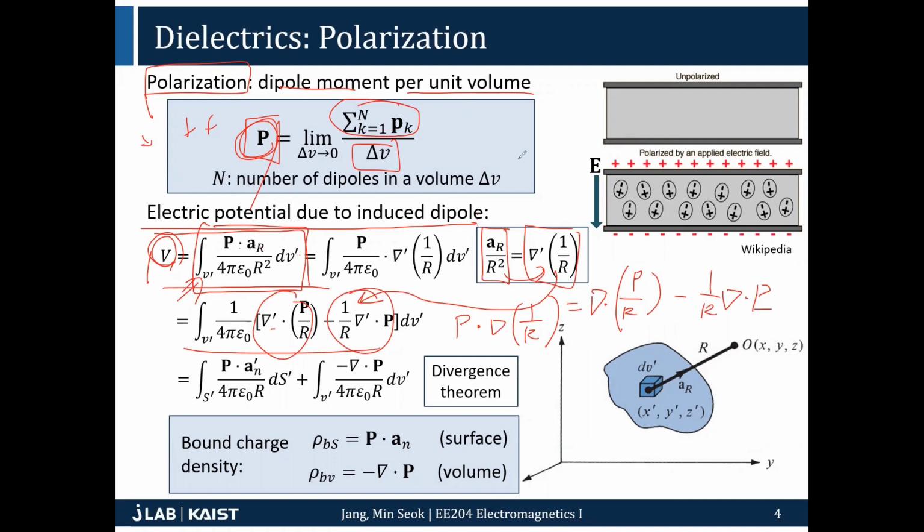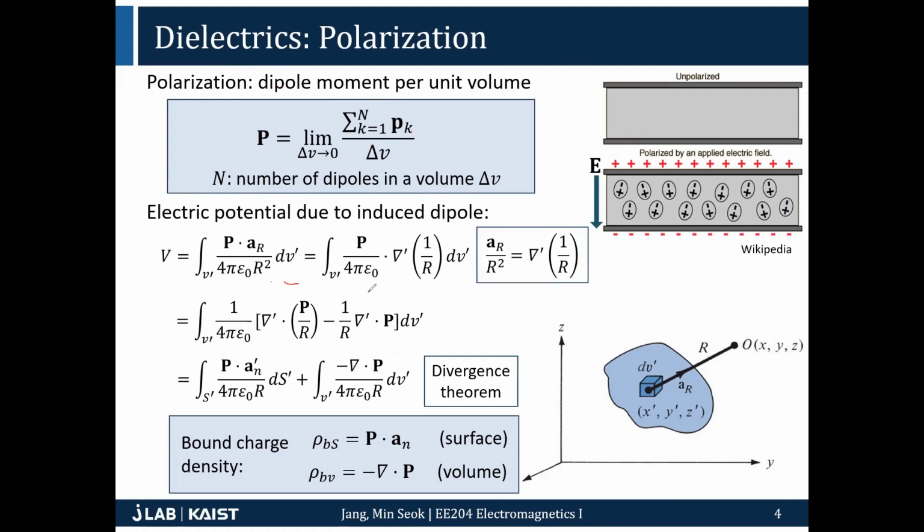And now if you do this mathematical manipulation, you see this relation is familiar to you. If you do so, for this part you apply the divergence theorem, okay? Then your volume integral becomes a surface integral.